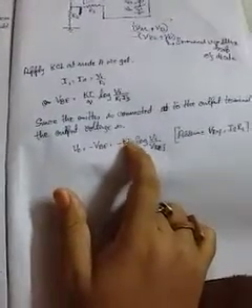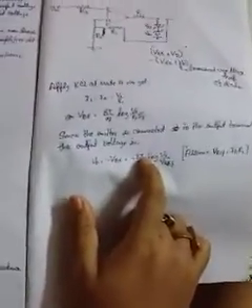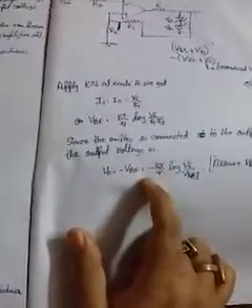One disadvantage of this logarithmic amplifier is that it depends upon the temperature and also the reverse saturation current. V reference is also Is by R1. So it depends on the temperature and reverse saturation current, which is one of the disadvantages of this logarithmic amplifier.